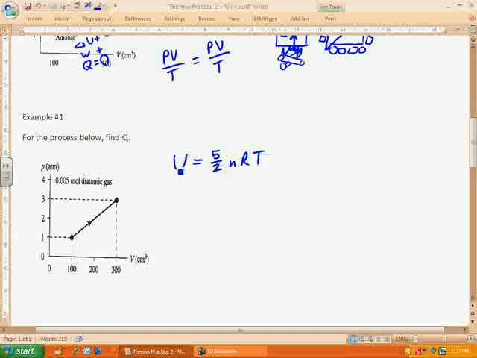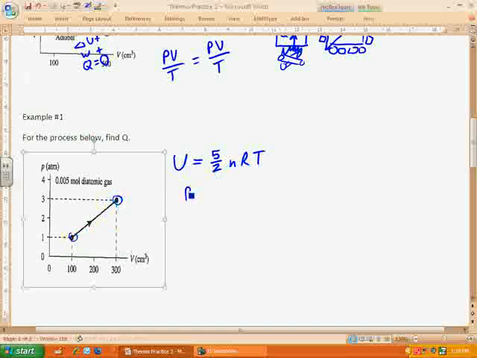So that's the internal energy of a diatomic gas. Now since that's the internal energy of the diatomic gas, then we can use that to solve for the heat. Okay? So first we'll get the internal energy by using the 5/2 nRT by finding the temperature at these two positions, right?